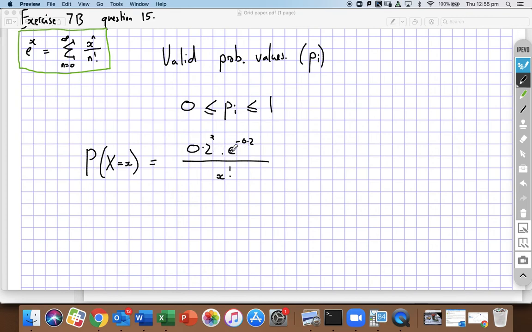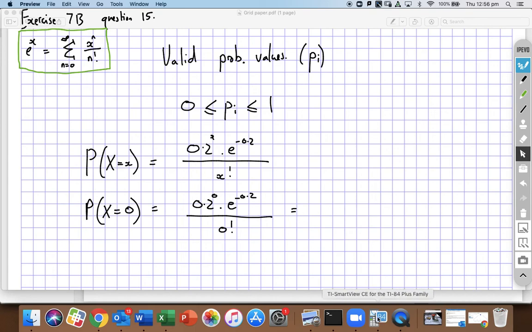It might be worth actually trying some values to see that. So let's say x equals 0, you have to do 0 as your first one in part B, part 2. So what would that mean? 0.2 to the power of 0 on 0 factorial, times e to the minus 0.2.